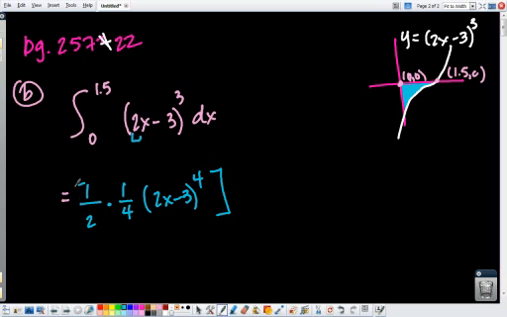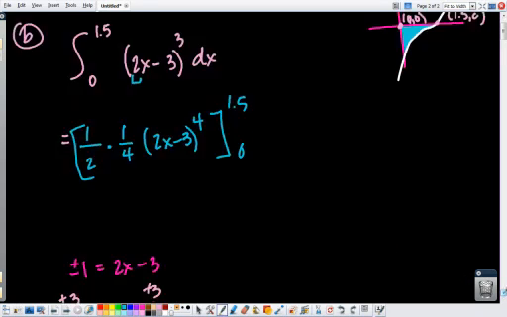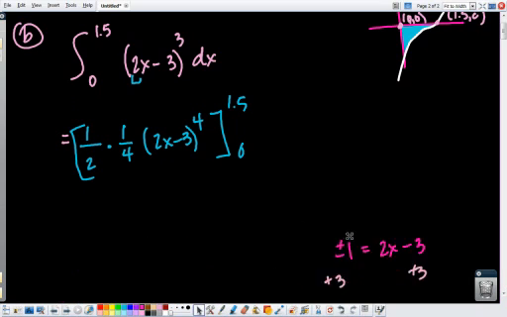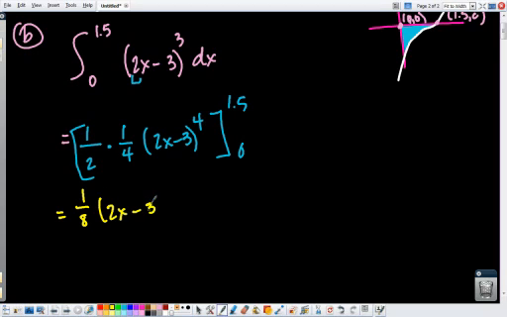And we're going from 0 to 1.5. Alright, so now I'm going to go ahead and simplify this. We have 1/8 times (2x - 3)^4 from 0 to 1.5.